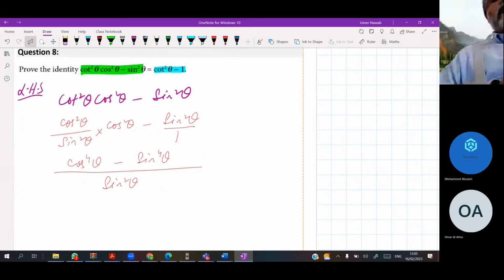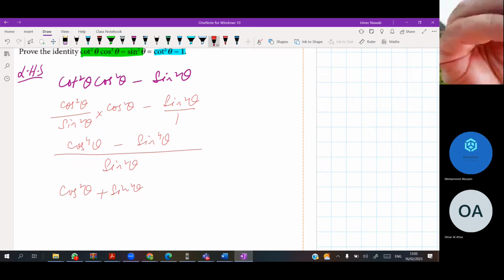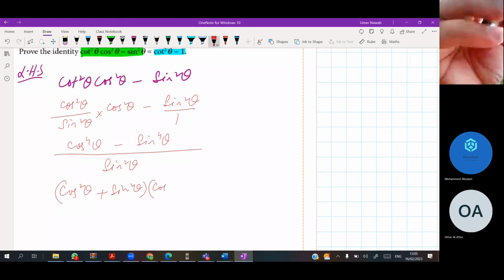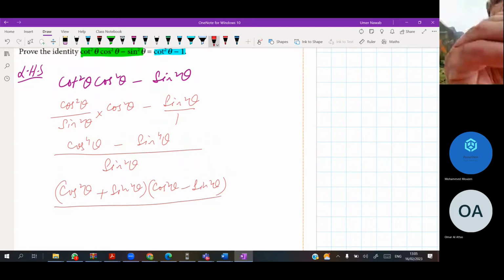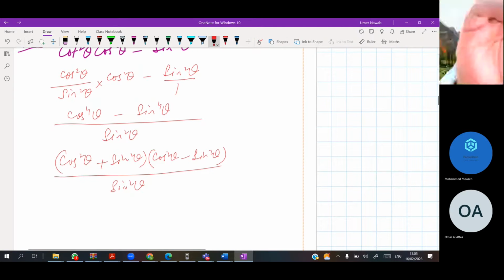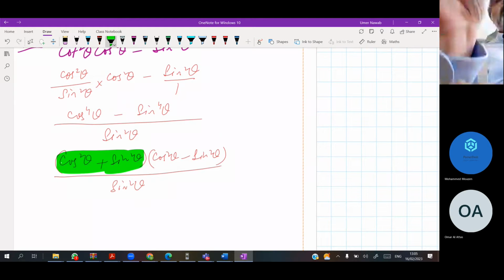So I have to stop here, and then this is a squared minus b squared. I can write it as cosine squared theta plus sine squared theta one time, and cosine squared theta minus sine squared theta. And in the denominator, I'm just getting sine squared theta. And now everyone knows this is the Pythagorean identity, which is equal to 1.